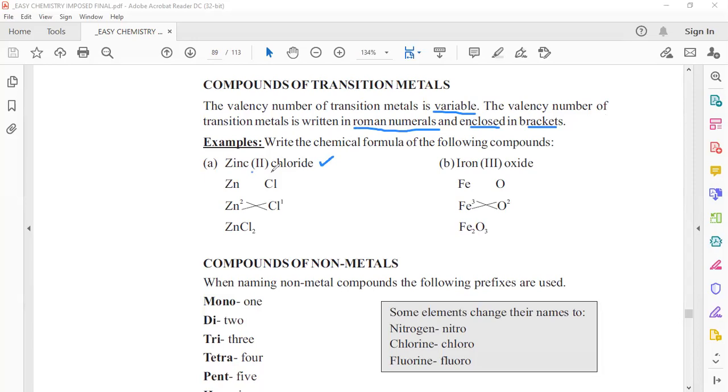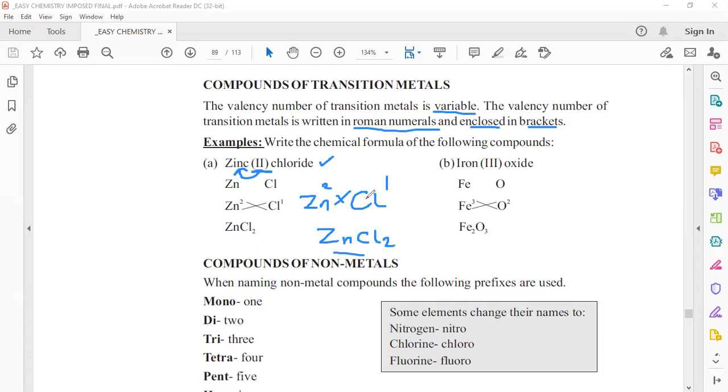The meaning of the II there is the valence number of zinc. When you are writing the formula, they have put 2 here to say that the valence number of zinc is 2. What is the valence number of chlorine? It's 1. So when we interchange, we get ZnCl2. So this would be called zinc(II) chloride.